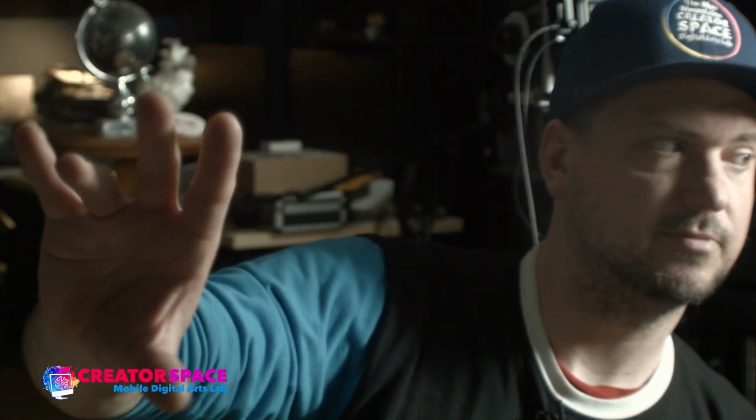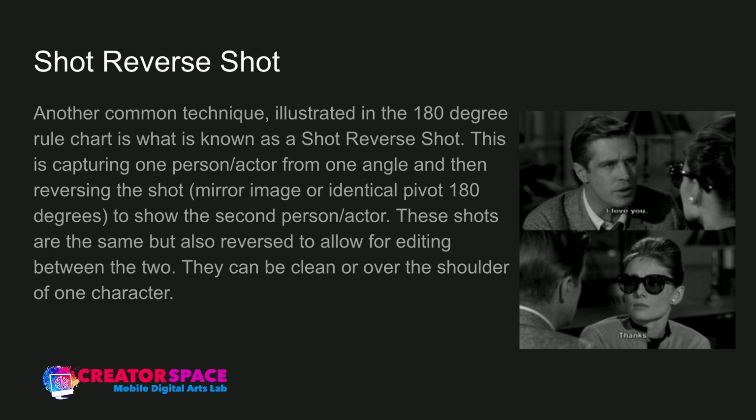Then the reverse would be I'd be on the other side, with another person there. So it would be a mirror image, right? I'm on screen left, and then I'm on screen right. Those are the two shot, reverse shot images. These are really interesting techniques, and it all comes into play as we look at digital cinematography: how do we create these different shots? How do we make them work?